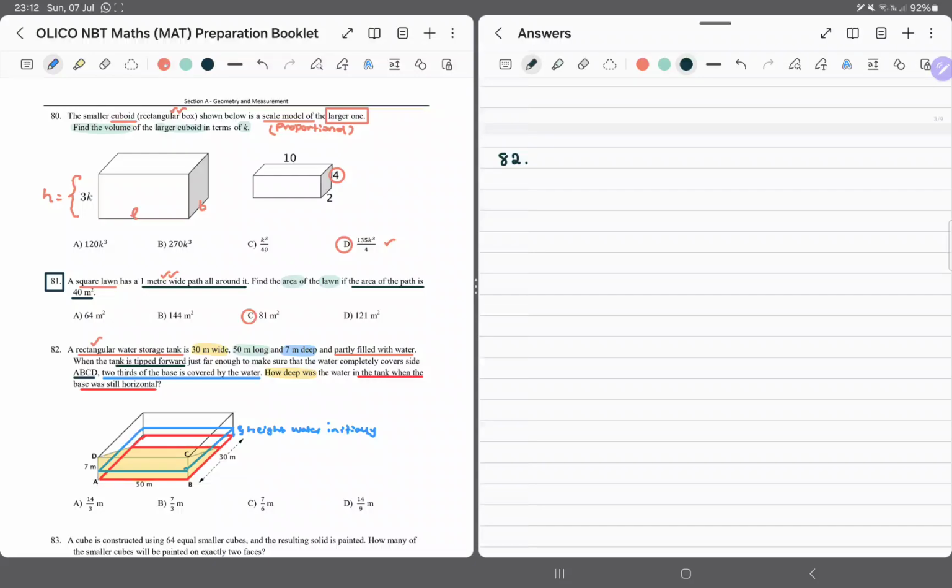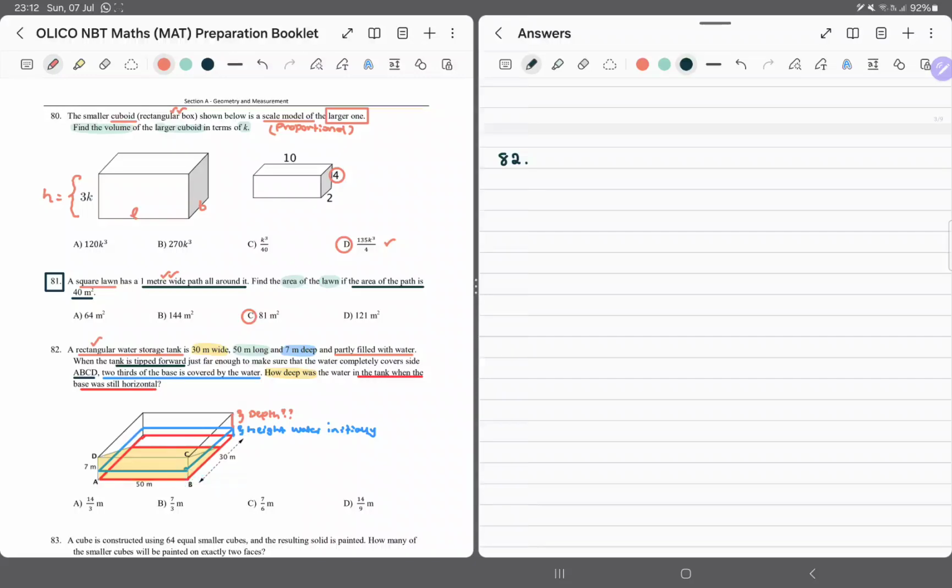Now the question is, what is the depth, which is that one right there. Now when we talk about depth, this is always in relation to the surface. So that's the question being posed, is what was the depth of the water before we tipped it over so that it looks like the yellow area.